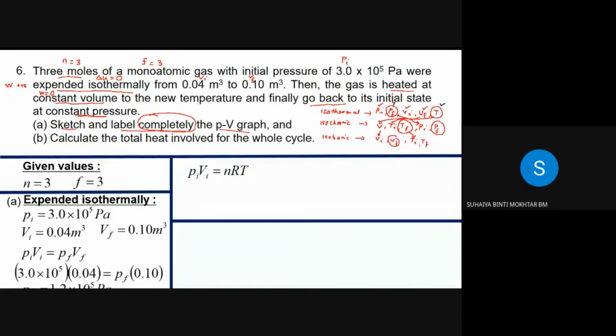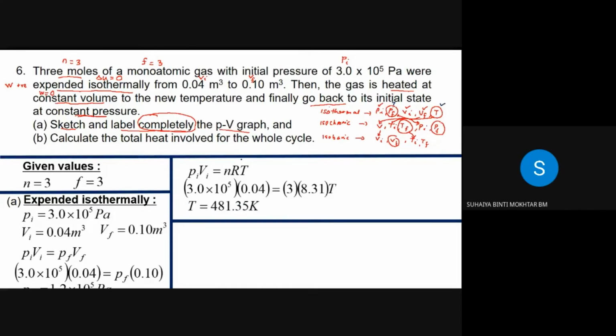So determine T. R, the gas constant, is 8.31, and n is 3 moles. Now substitute P initial and V initial, and you can determine T. The unit of T is Kelvin.